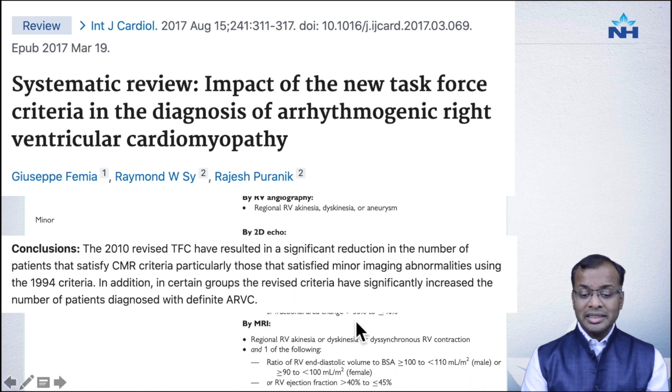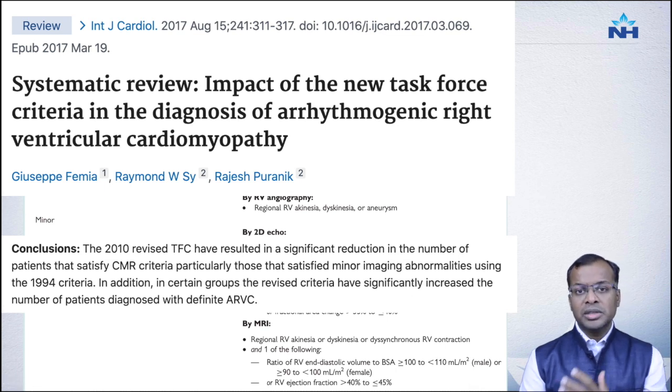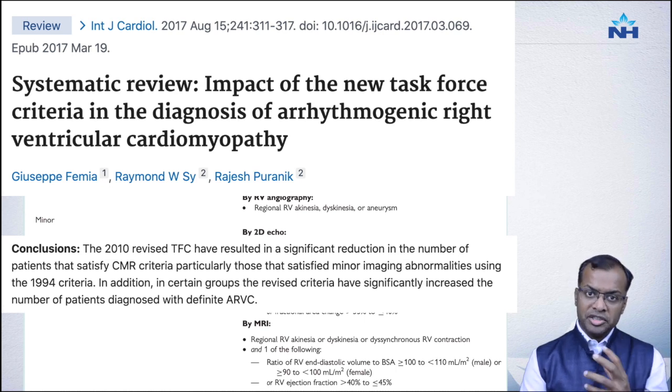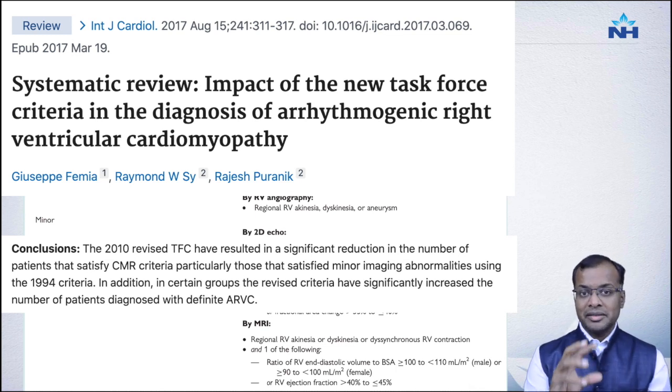But certain groups of the revised criteria have significantly increased the number of patients diagnosed, which basically means that as newer technology and more cardiac MR imaging has come in, we are diagnosing more patients, but still far fewer than with the older criteria, and with a high sensitivity and specificity.